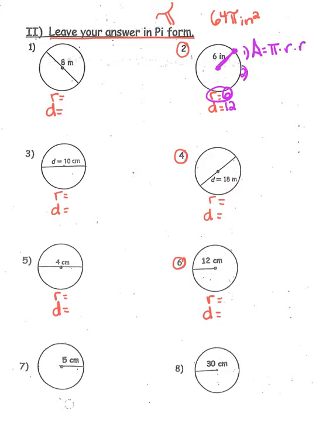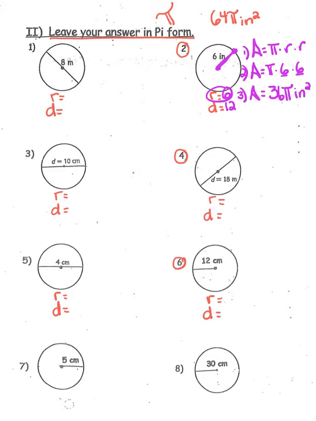Step 2. Let's substitute the value for the radius. We have pi times 6 times 6. All you need to do to finish up this problem and represent your answer in pi form is simply multiply 6 times 6, which is 36, and rewrite your equation as 36 pi inches squared.